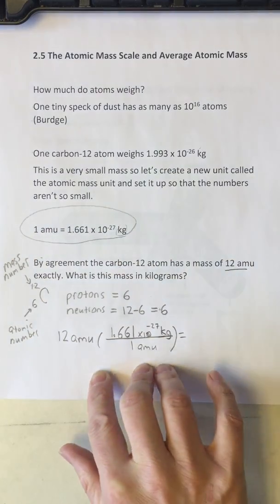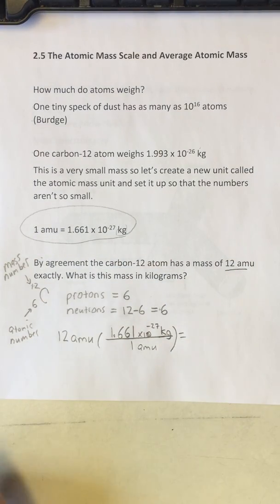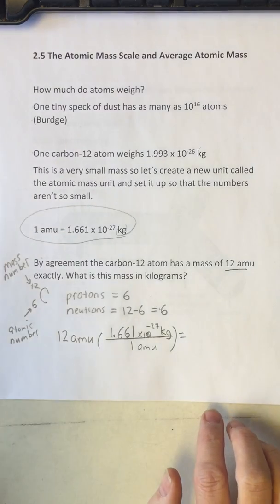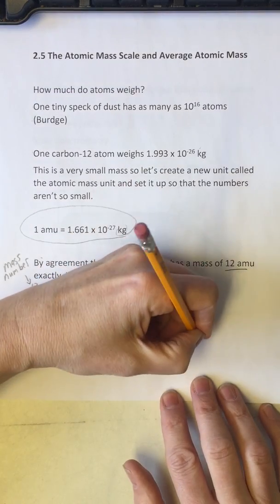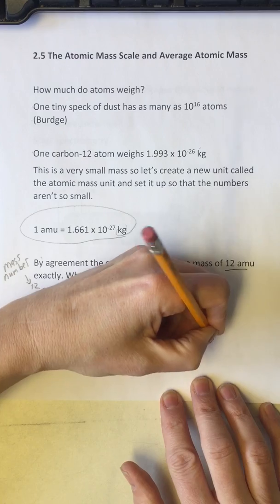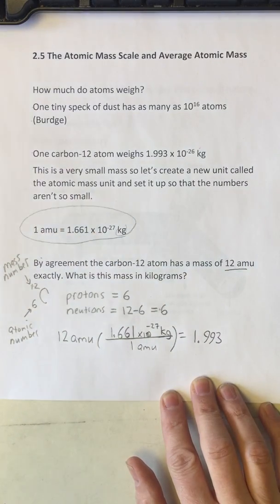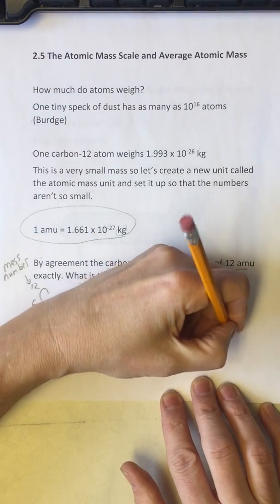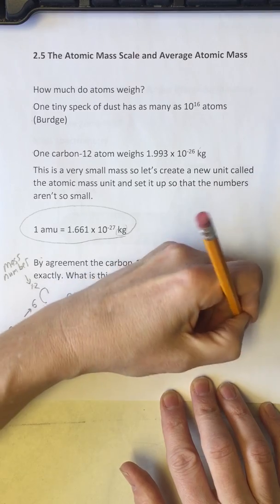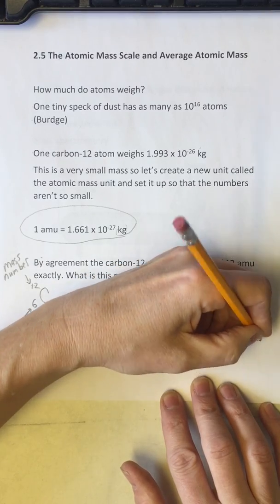And here we go. I'm going to calculate this: 12 times 1.661 times 10 to the minus 27 divided by 1, and you get 1.993 times 10 to the negative 26 kilograms.